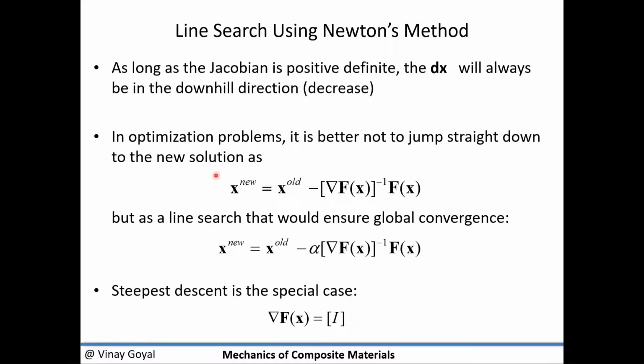In optimization problems, instead of running through this solution, we will want to then use an alpha in front. And sometimes we want the alpha to be less than 1. But the idea is to slowly get to a solution in case the gradient sends me in some other direction where I may have a better global convergence. So that is one approach that is used.